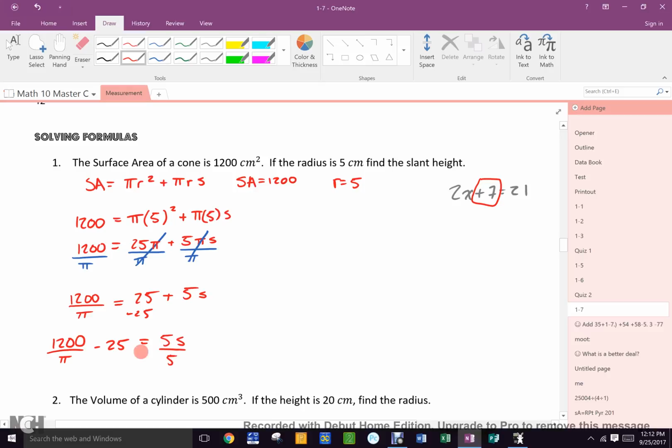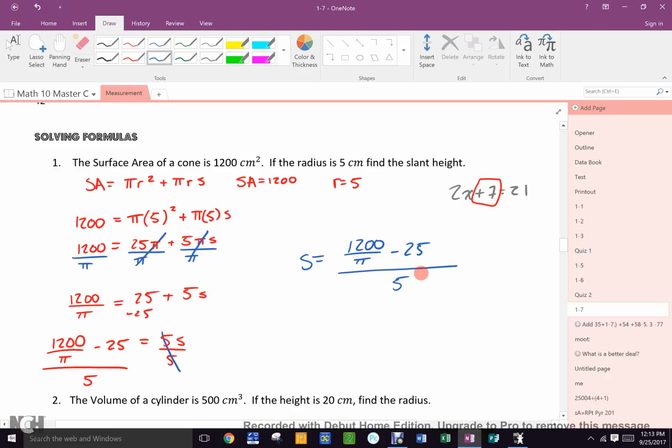Divide by 5. What do I have to do over here? Divide everything by 5. Now, what happens to those 5s? They're gone. So what is left here? So s equals 1,200 divided by pi minus 25, all of that divided by 5.